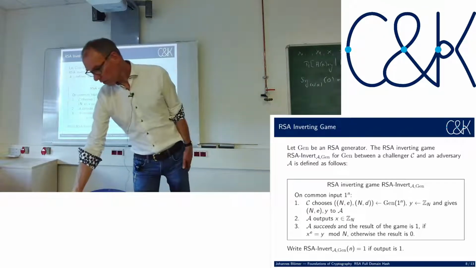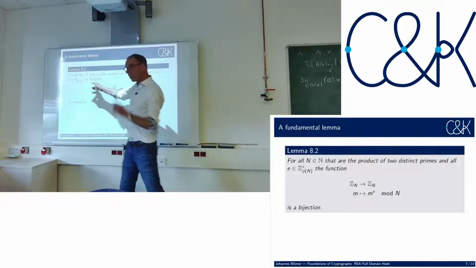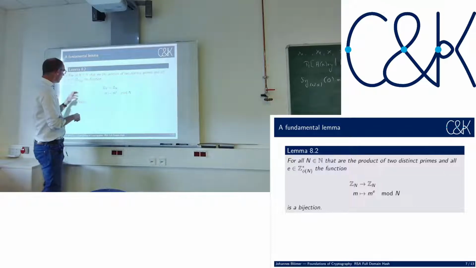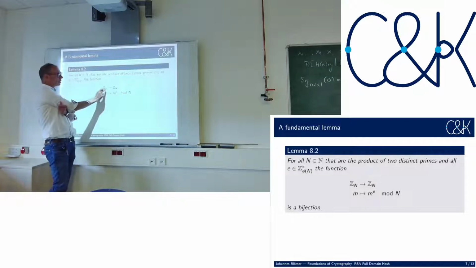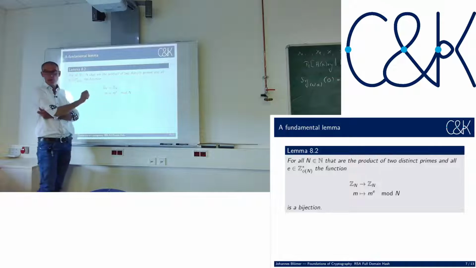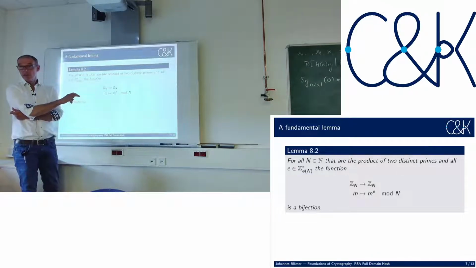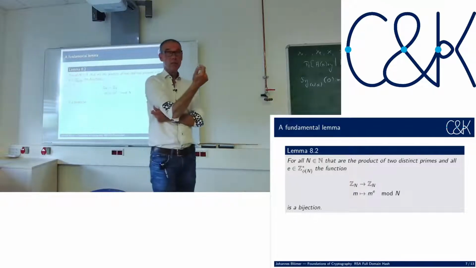And the answer is that, and that follows from the things that we already discussed for RSA, if I pick an e in Z_phi(N)^*, then the function that goes from Z_N to Z_N and maps m to m to the e mod N is a bijection. Why is it a bijection?